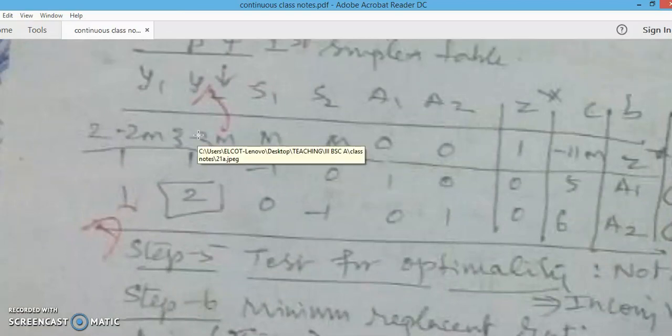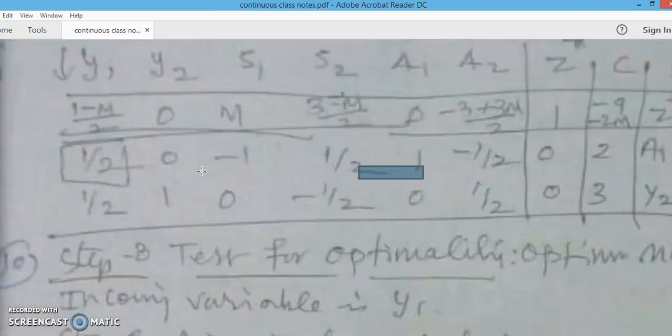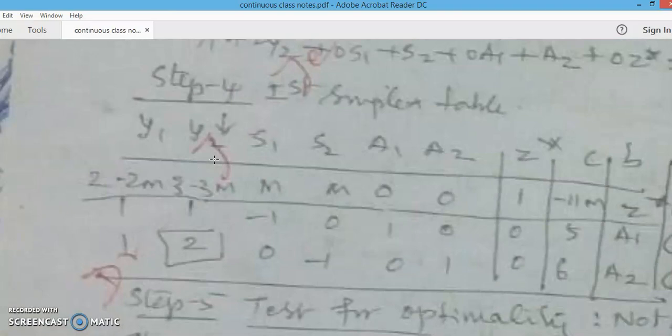So multiply this equation, this number, -3 plus 3m, and add with this, it will be 0.